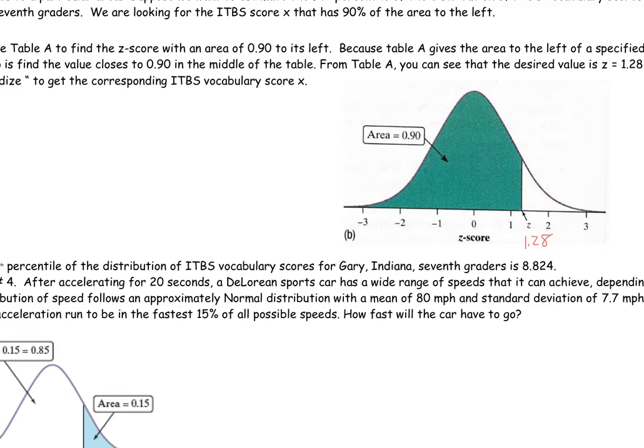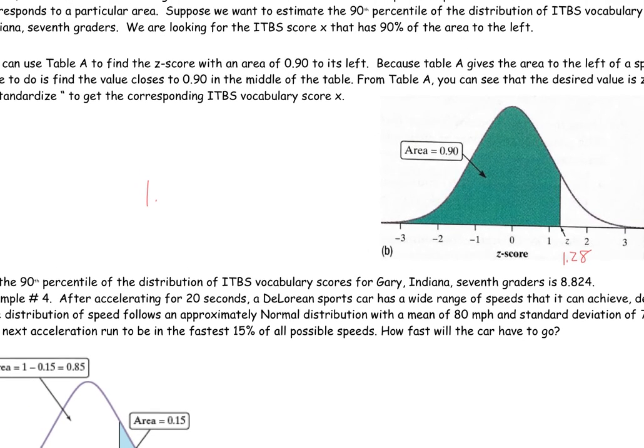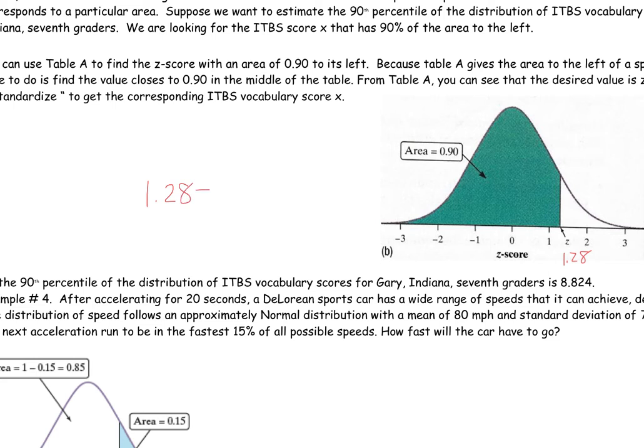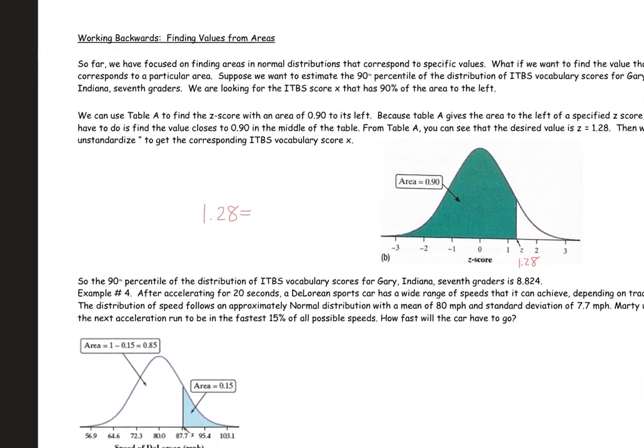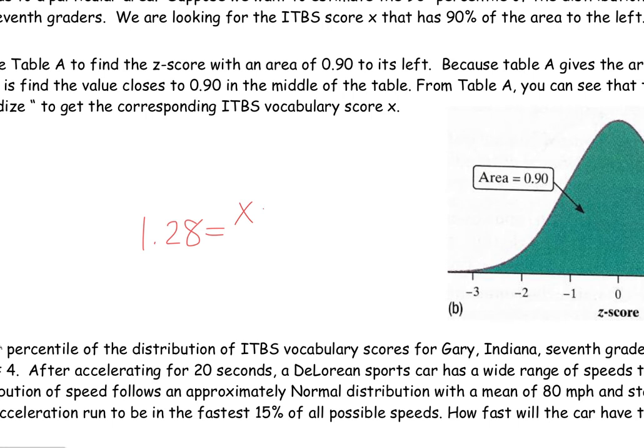So now that we know 1.28, we can do what we did the other day, where we take the z-score calculation, and since we know the z-score for this problem, we set that equal to it. We'll take the mean and the standard deviation from this situation and find the value. Let me go get the mean and the standard deviation here, and I'll be right back.